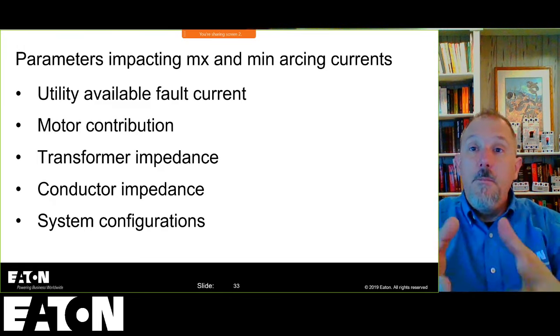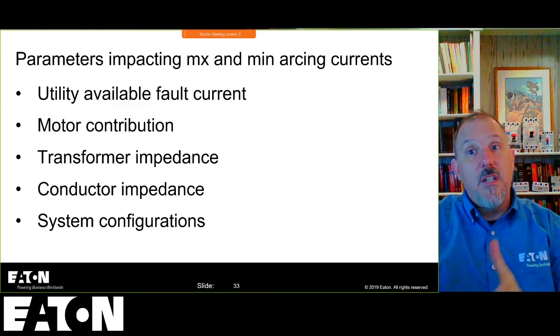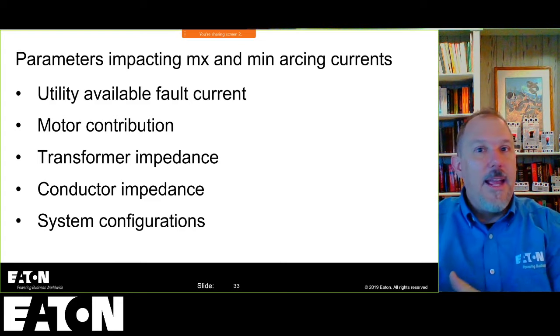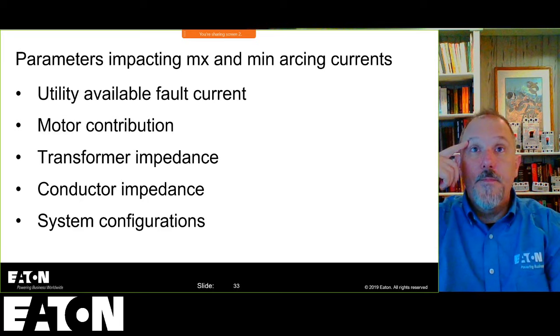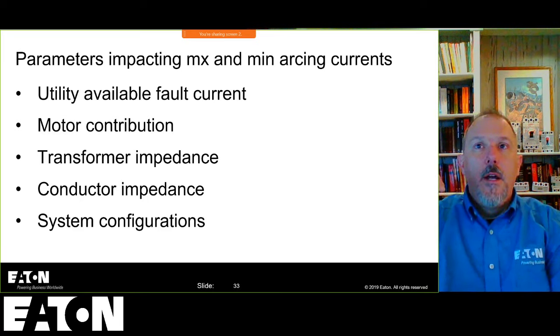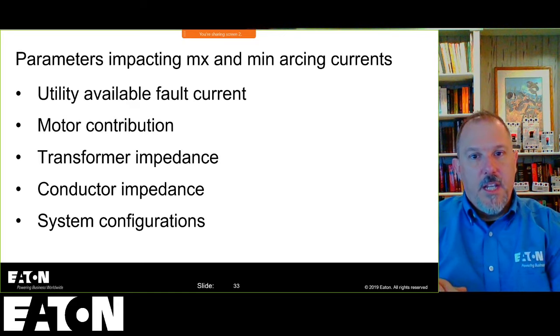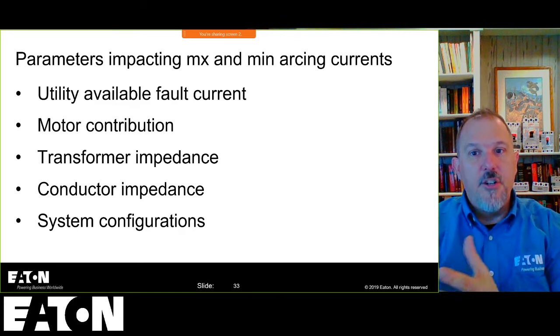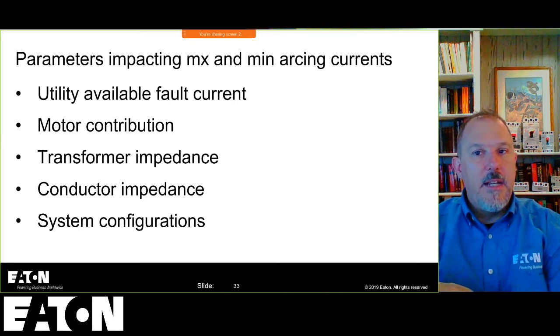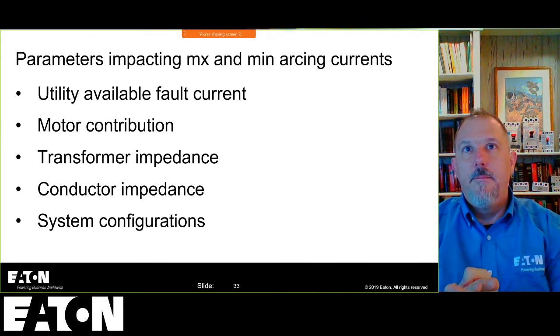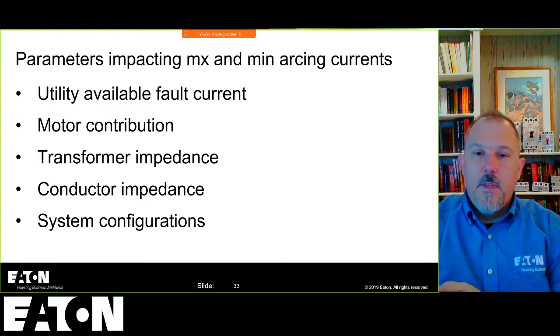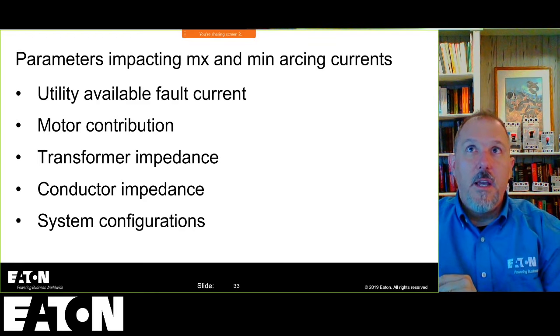And it could be that I have an emergency system and I have a generator, and I have much less fault current from the generator. That might give me my worst case for incident energy, because the generator is not as stiff as my utility, and my arcing currents are in the dirt. So in any case, that is an important piece of the pie.